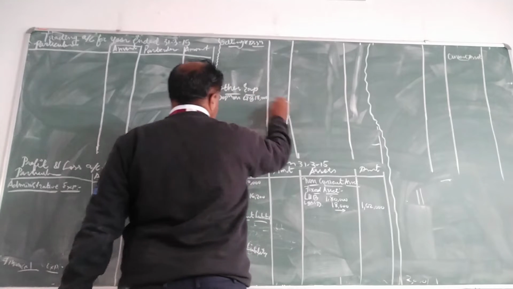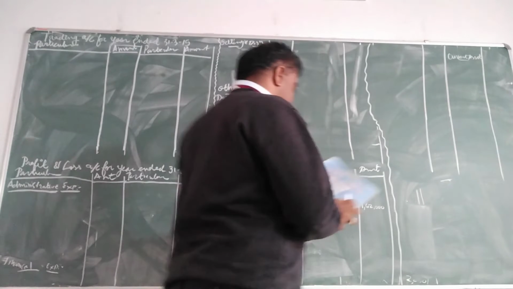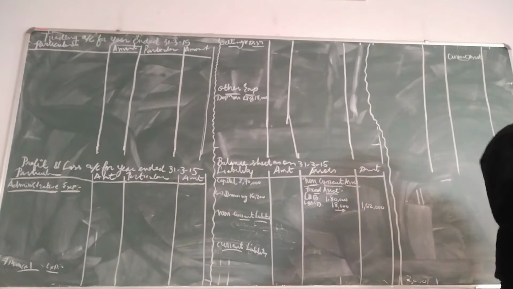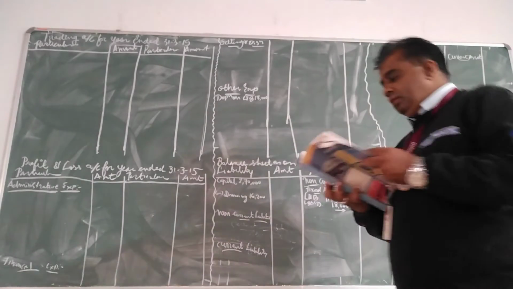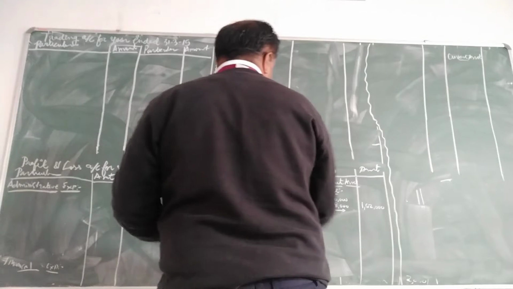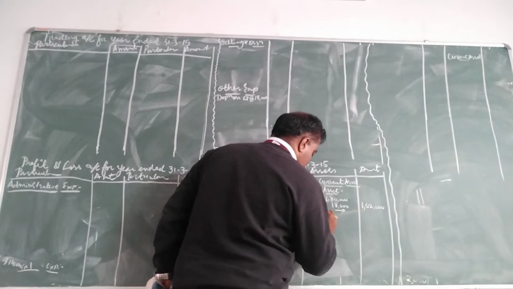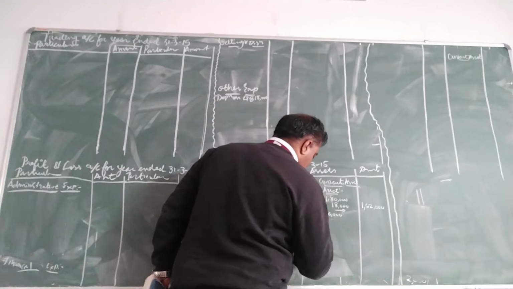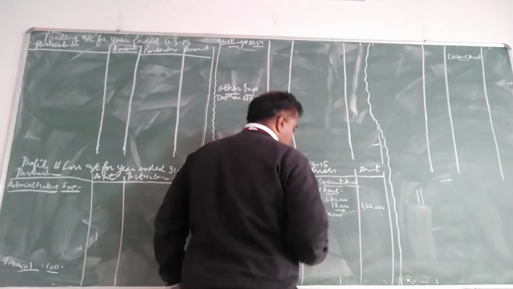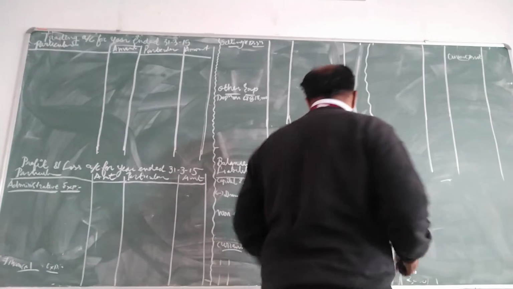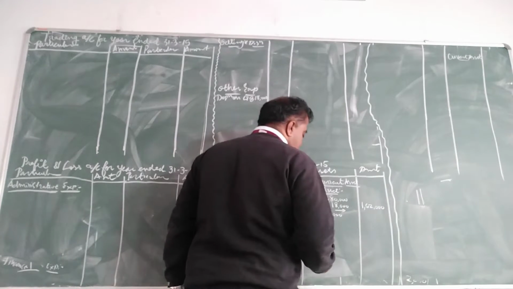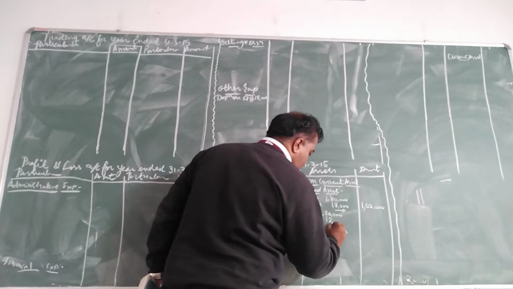Next, machinery, 1,26,000. Less depreciation, it is 10%. So 1,26,000 is 10%, so 12,600.